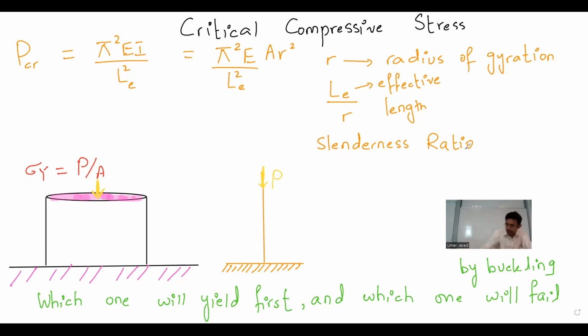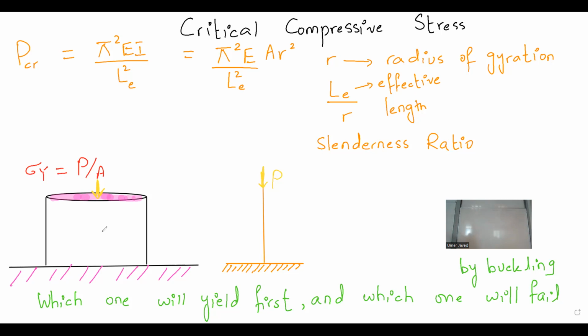This means it's the slenderness ratio that will determine which one will yield first and which one will fail under buckling first. In the left case, you have this big dia, big radius, and its height is very small. In the right one, the dia is only 0.5 millimeter, but it's very big, 1 meter.